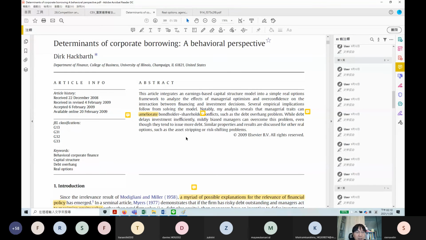We know that managers make some corporate policies with overconfidence, right? And on investment, right?